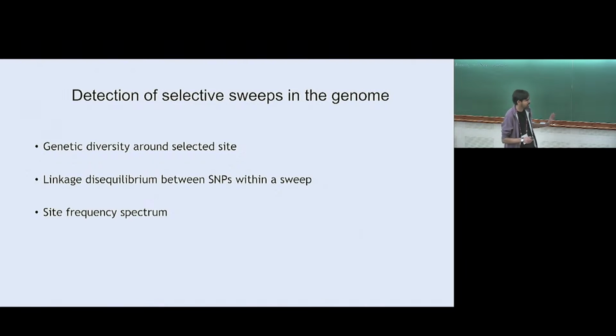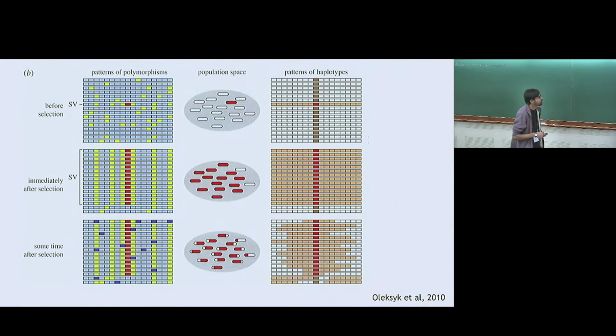This is extremely intuitive. So again, this is a similar graphic as the previous one. All of these horizontal bars are genomes, all of these blocks are nucleotides, polymorphisms are in yellow, and the selected site is in red. Now, before selection, you would have all kinds of polymorphisms existing in this genome.